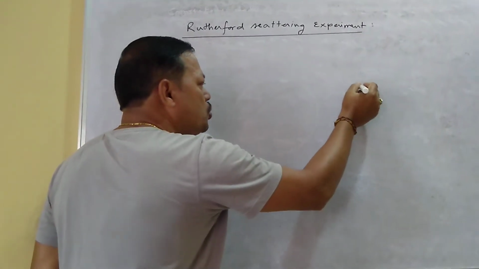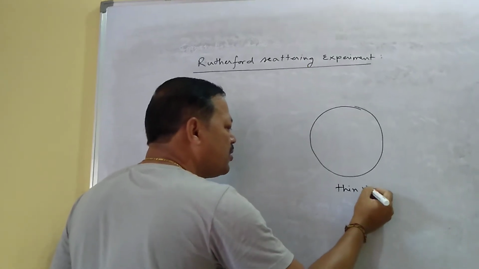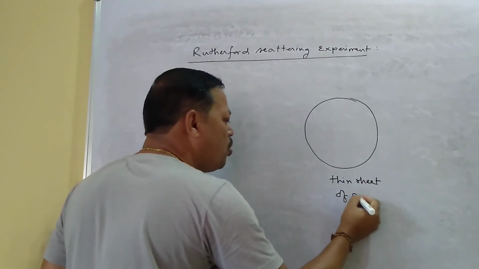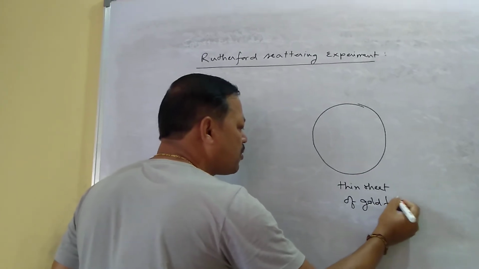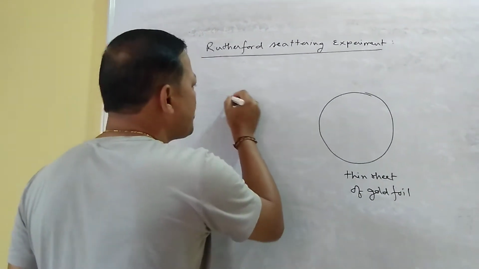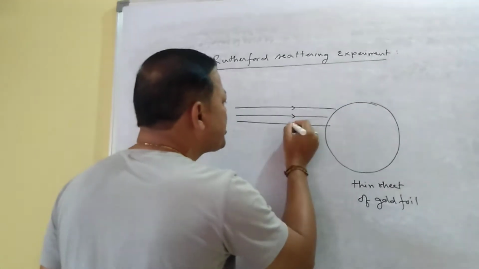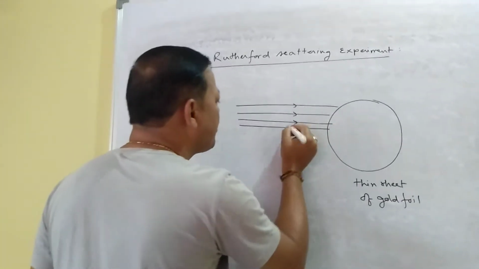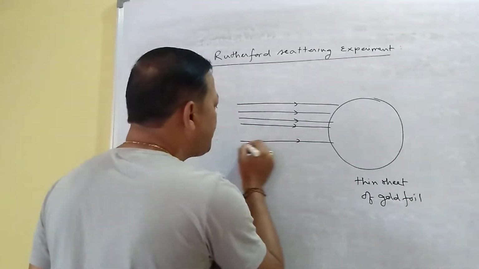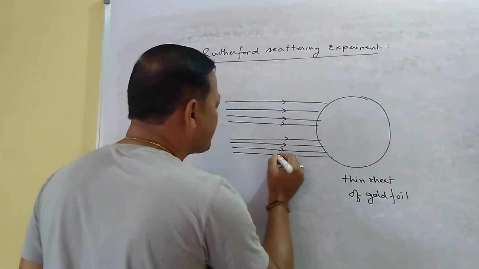Rutherford took a thin sheet of gold foil, and he passed some alpha rays. These are alpha rays which come from some radioactive element, and he passed them through the gold foil like this.